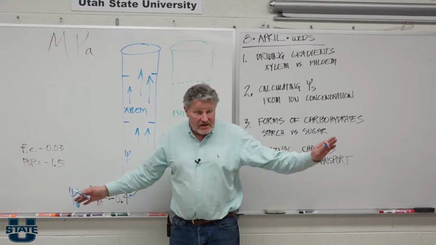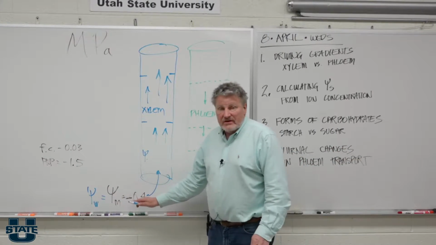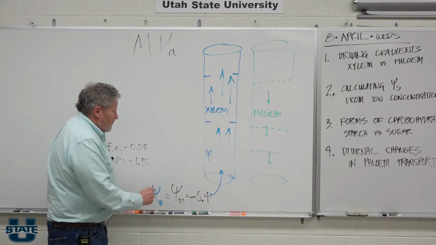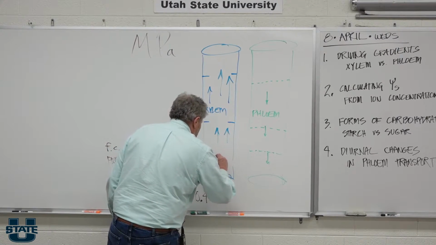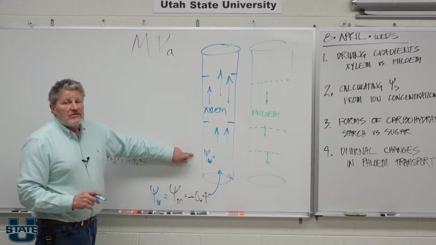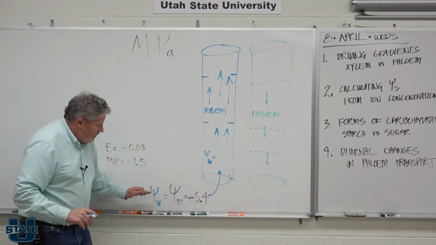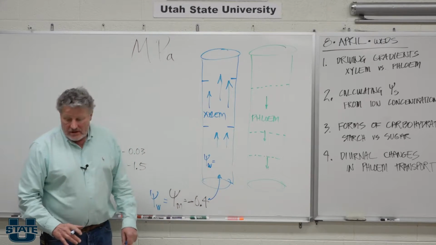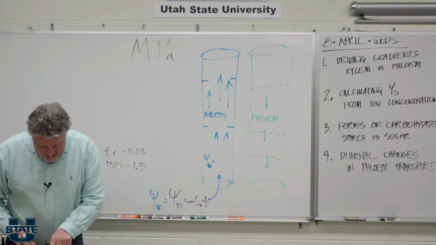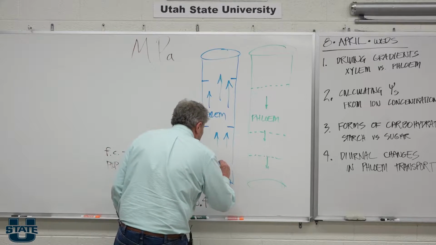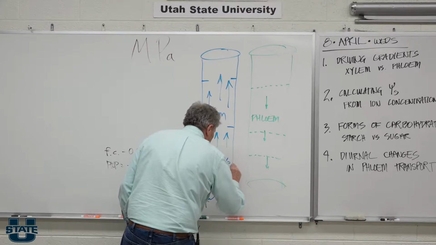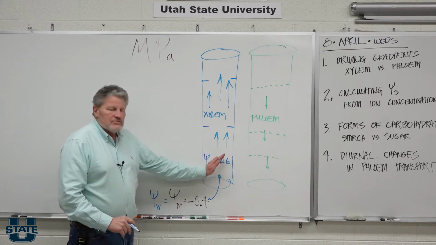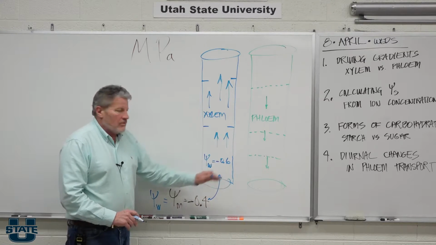We're not assuming any salinity in this. It's just water down to soil. Water flows downhill, so this inside the plant has to be a more negative number for water to flow into the roots. And in this example, we're using minus 0.6. This is more negative, water moves in here.